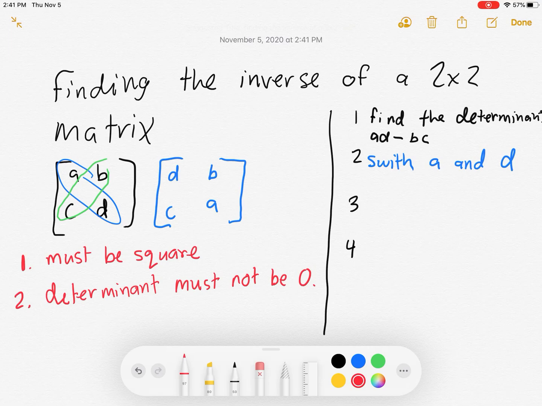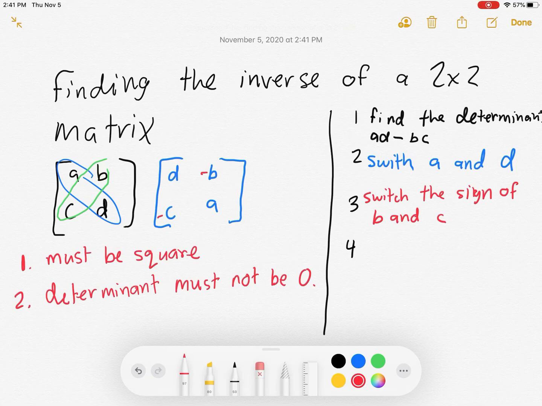The next thing you've got to do is switch the sign of B and C. So make them negative. If they were negative already, you would make them positive.